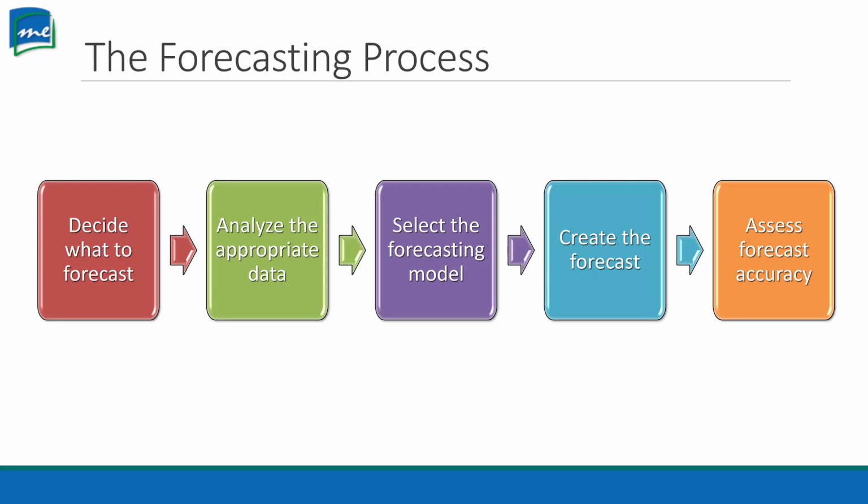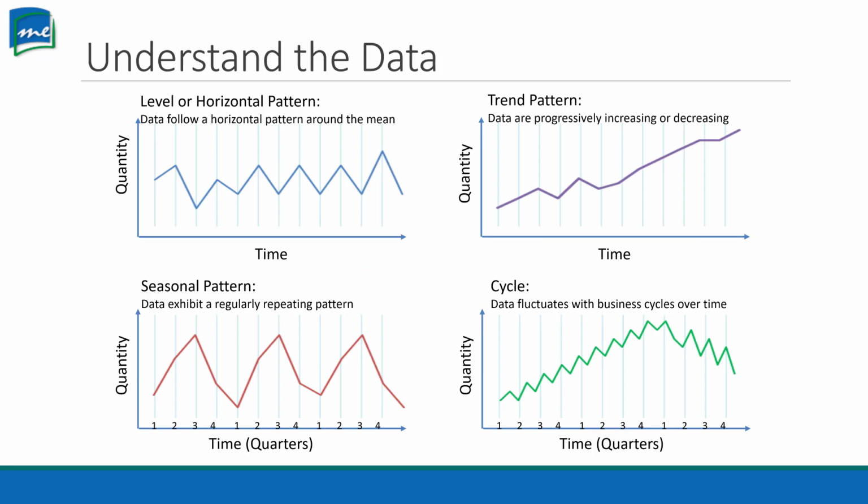So when the data comes out, let's say you put it into a chart form that's over time, like you selected a forecast that's over time, and you look at it and it looks like one of these four charts that's on the screen. Well, you can have a level, sometimes called a horizontal pattern, where it's going up and down, but it seems like it's level or horizontal overall from left to right on the chart.